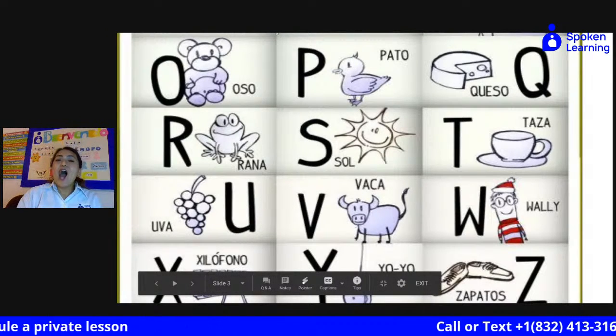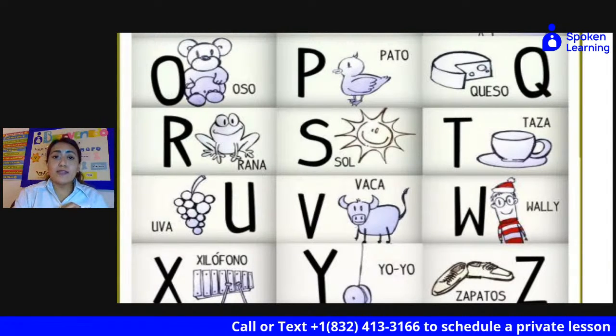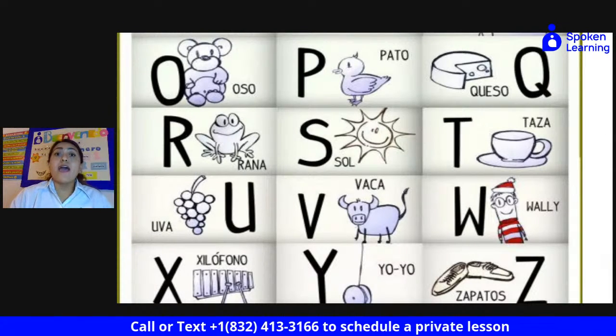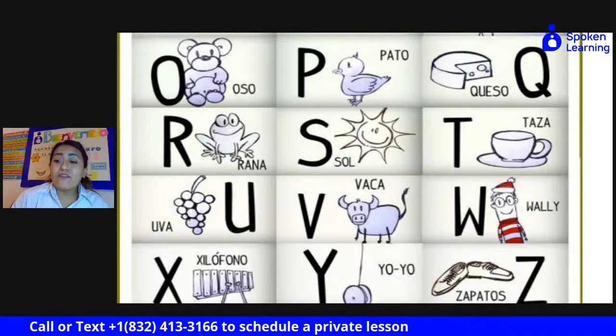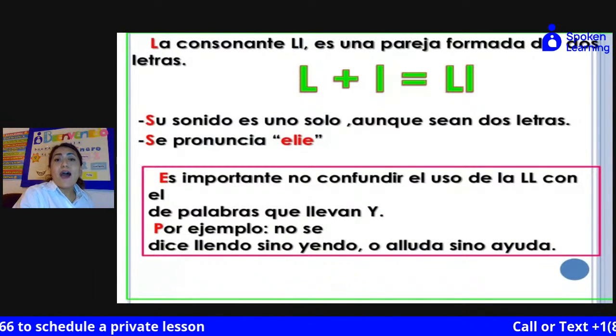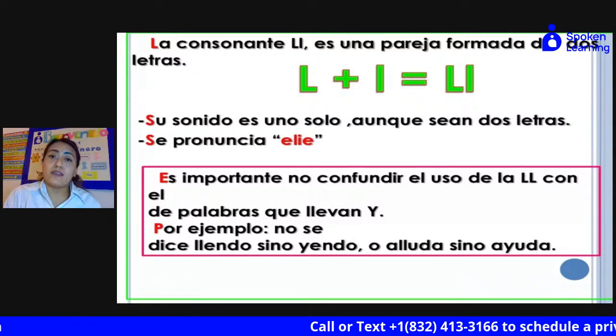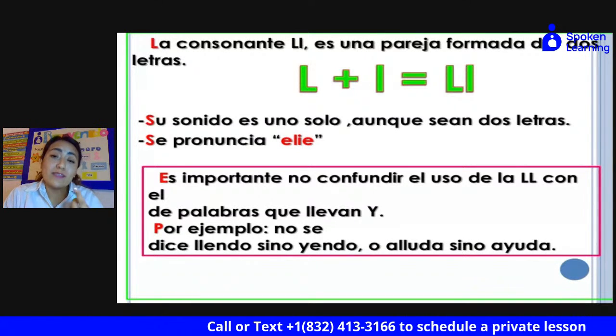All right? Okay, now we saw vowels and consonants. Now we have more in Spanish that are formed with two letters and it is one sound.